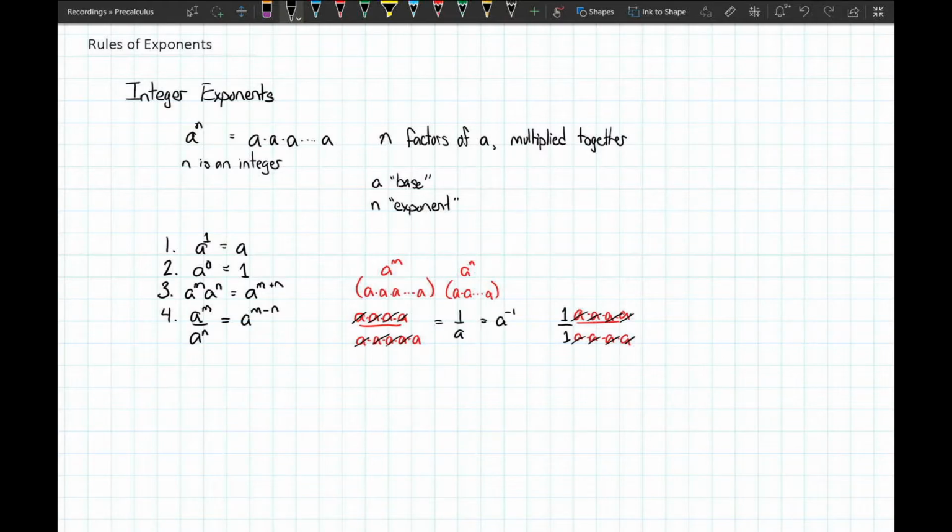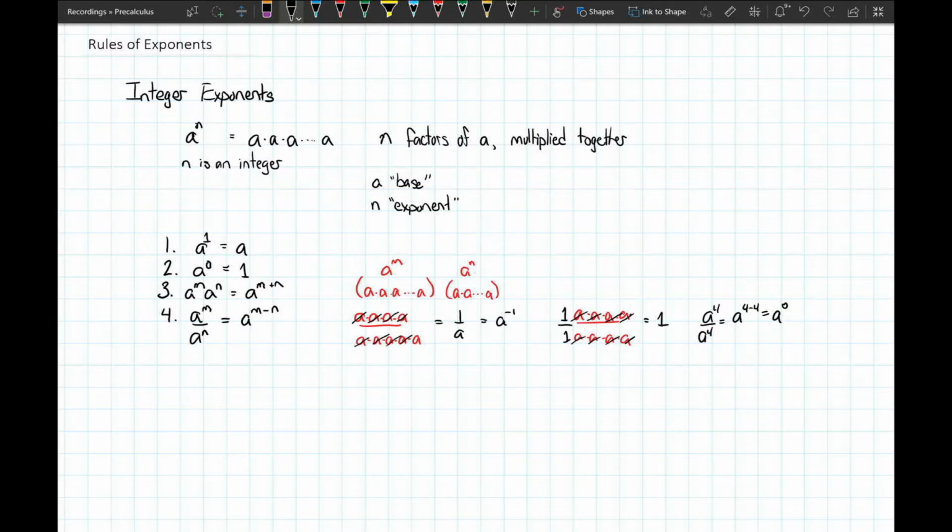You'll end up canceling all the a's out, but 1 over 1 is equal to 1. Using the same rule, a to the 4 divided by a to the 4 is a to the 4 minus 4, and that's a to the 0. And so that should help you to understand why a to the 0 equals 1.